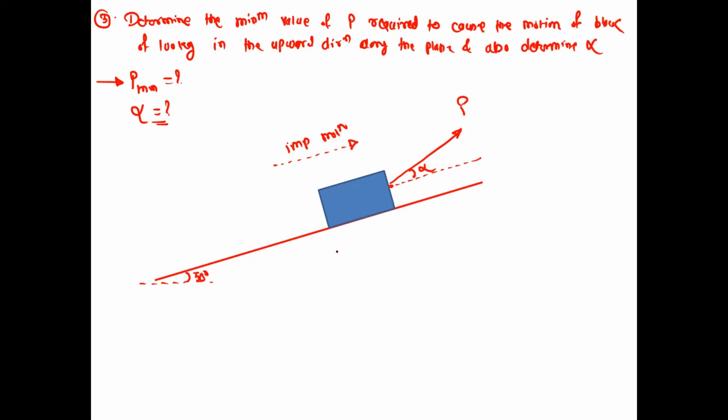So to solve this problem, first decide the impending motion. So impending motion is upward. Then draw the free body diagram.